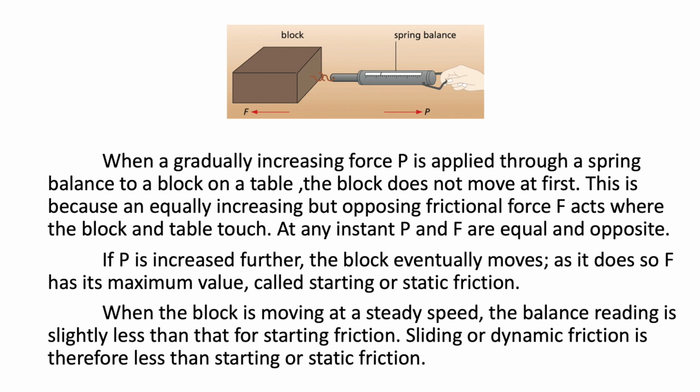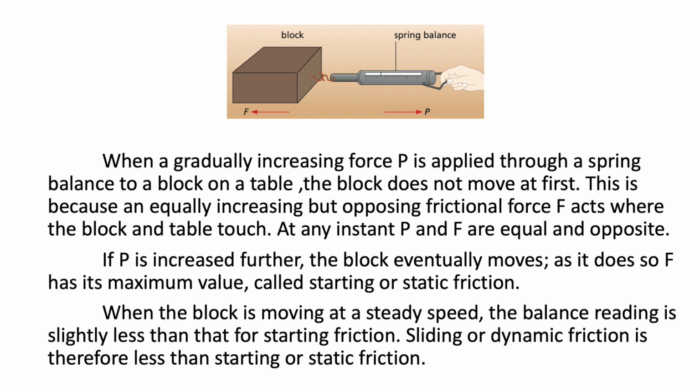You can see a spring balance attached to a block. When a gradually increasing force P is applied through a spring balance to a block on a table, the block does not move at first. This is because an equally increasing but opposing frictional force F acts where the block and table touch. At any instant, P and F are equal and opposite.